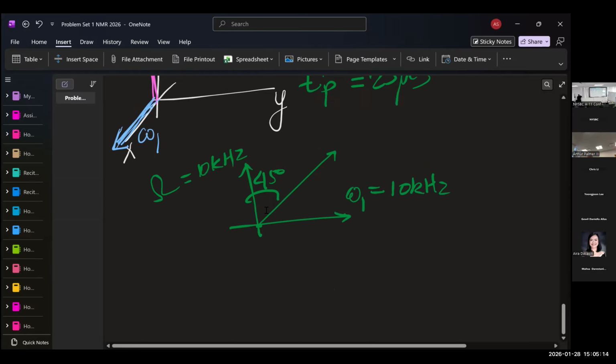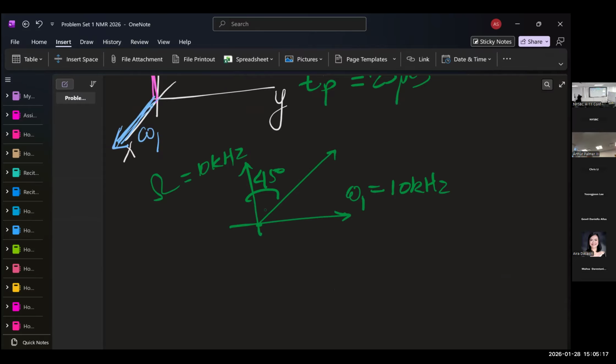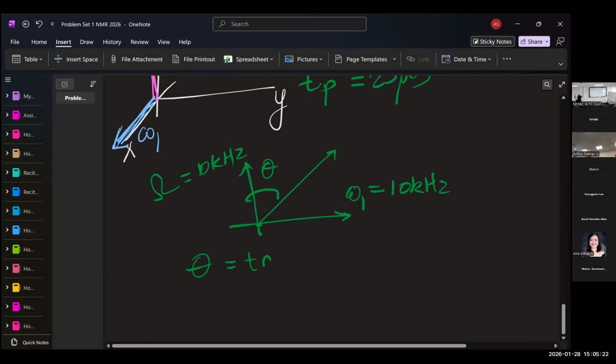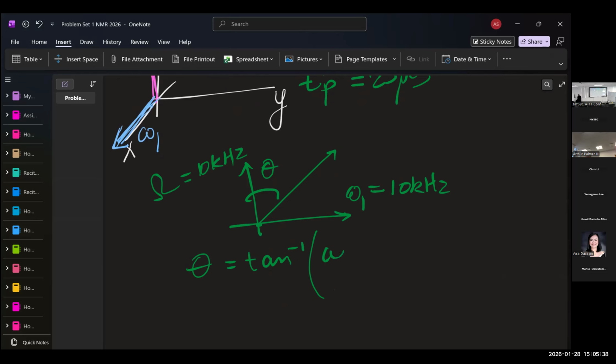Of course, the way I'm doing that is, generally, an angle theta. Theta is tan inverse. That's right. Doesn't matter in this case because they are the same number. In this case, it will turn out to be pi over 4 or 45 degrees.